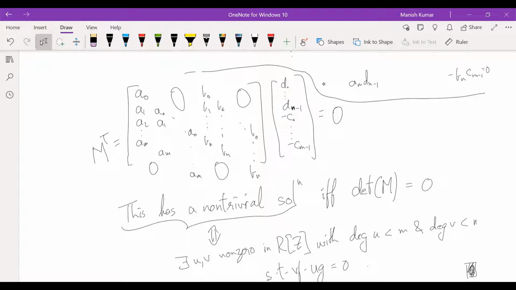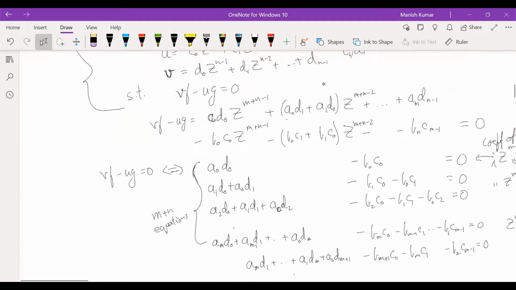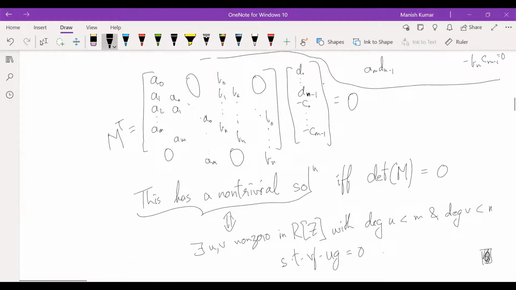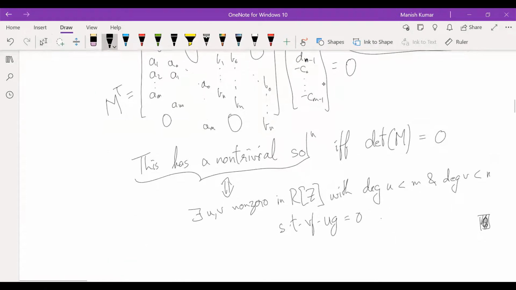If we find one of them non-zero, the other has to be non-zero, because we are over an integral domain. If U is non-zero, then U times G is non-zero, so V can't be zero. So once we have a non-trivial solution, there exist U, V non-zero in R[z] with degree U less than M and degree V less than N, such that VF minus UG is zero.